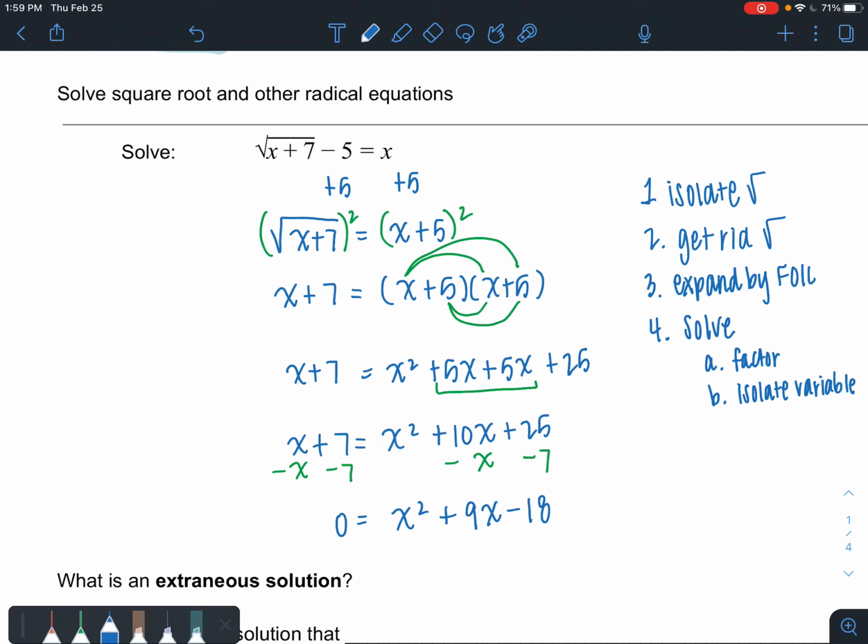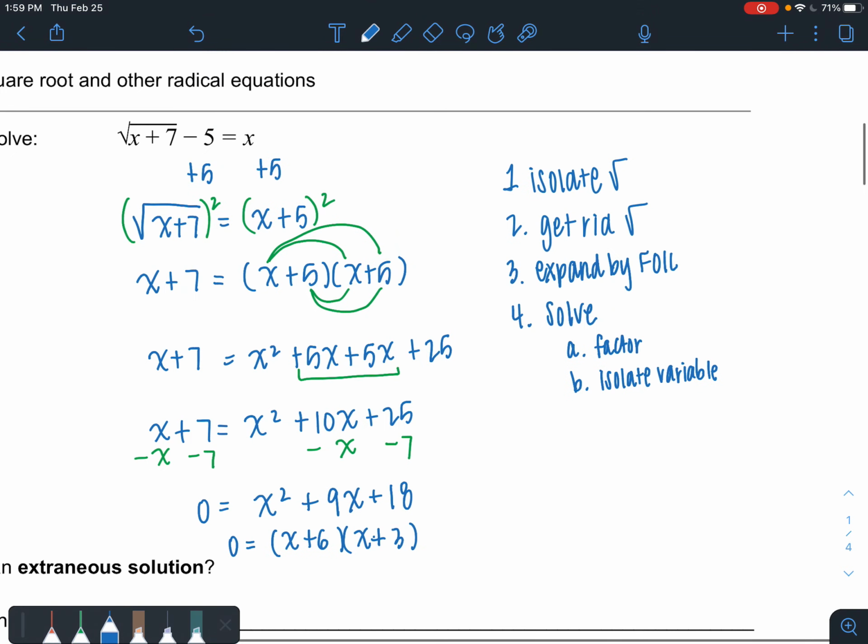I need two numbers that add to be 9 but multiply to be 18. Oh, this would be positive 18. So we have 6 and 3.